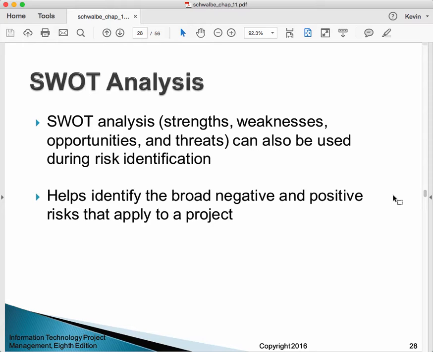It helps to identify the broad negative and positive risks that apply to the project. Generally speaking, the part of SWOT that is most closely related to risk analysis is opportunities and threats. But of course, opportunities and threats are only significant in light of your strengths and your weaknesses. So a full SWOT analysis could be a good use of your time.